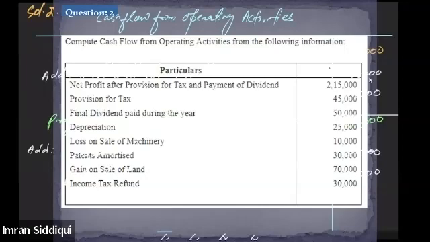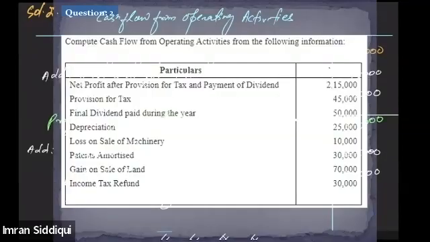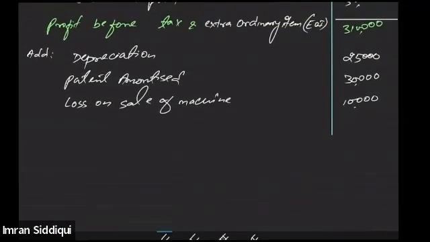Now, see, we have to add the depreciation, patent amortized, and also since there is a loss on sale of machinery, there is no outflow of cash, so we have to add that as well. Loss on sale of machine has to be added. This will be 10,000. Got it? Is this clear?